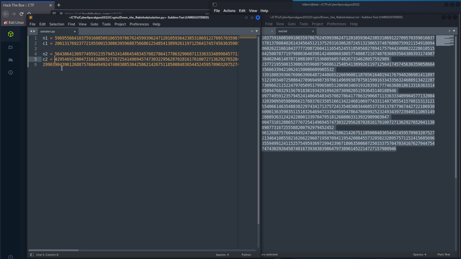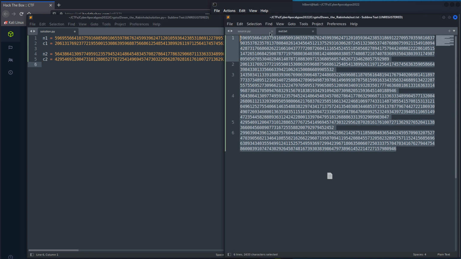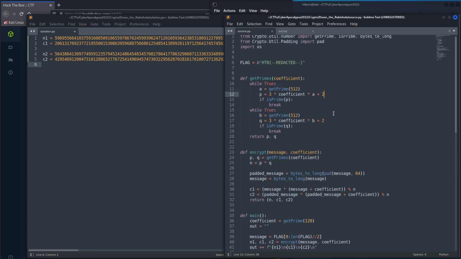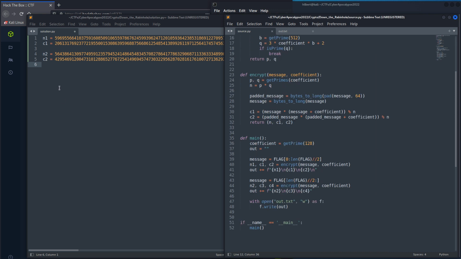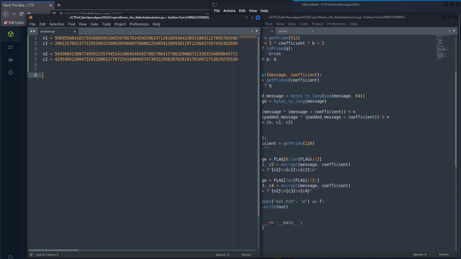We could use either one, but we're just going to use the smaller one. And then I just remembered off the top of my head. So what we want to do then is take.